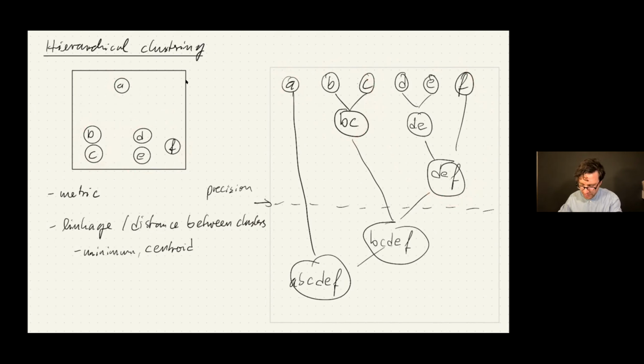If we increase the precision like up here, then we would get more and more clusters. And as this basically just needs some distance computations, this is rather easily done also in high dimensional data.